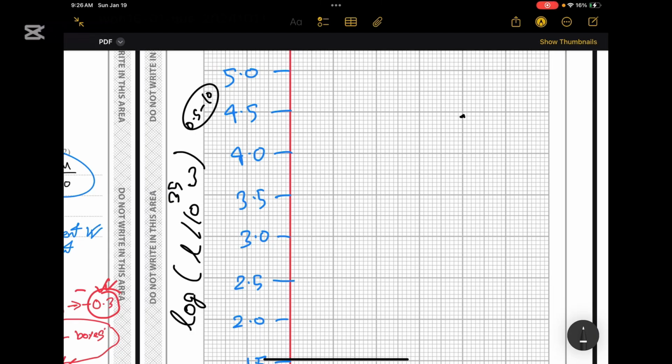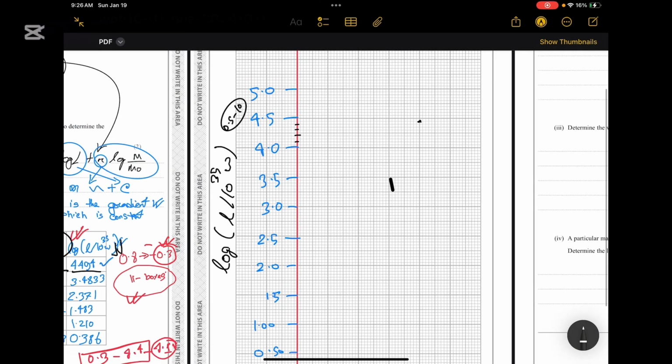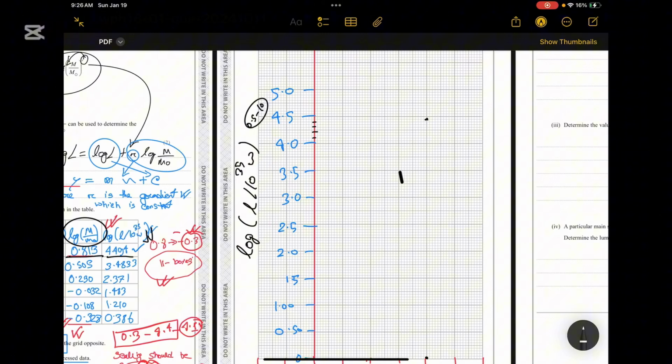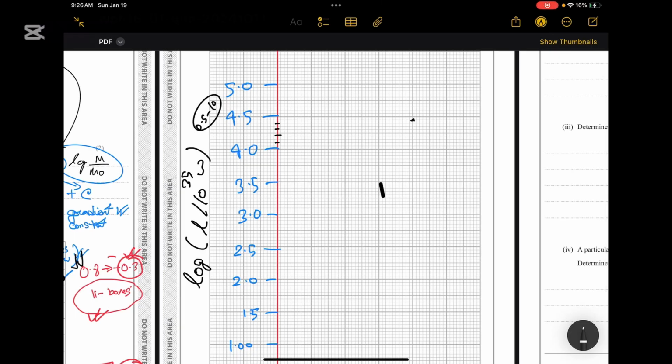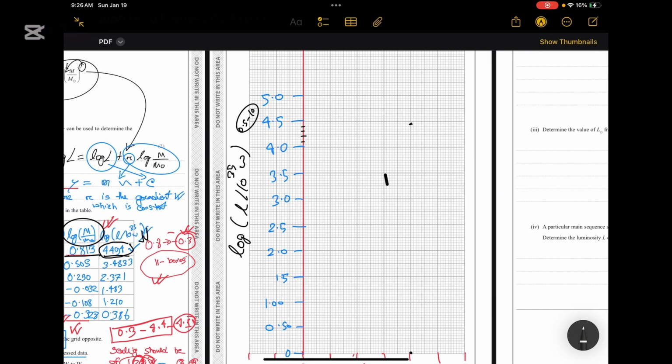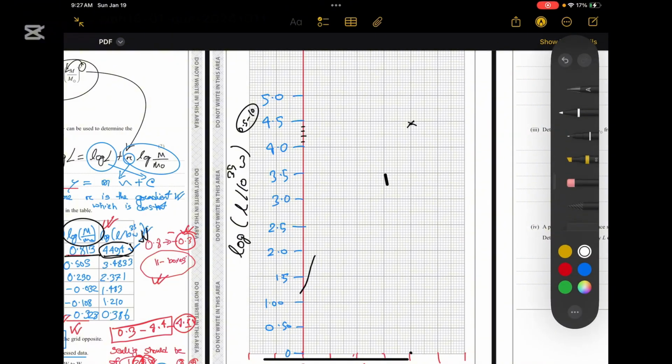So this is 4.1, this is 4.2, this is 4.3, this is 4.4, and we have a value of 4.494. So we can take this as 4.45. We are going to take this as our value. Always give crosses.